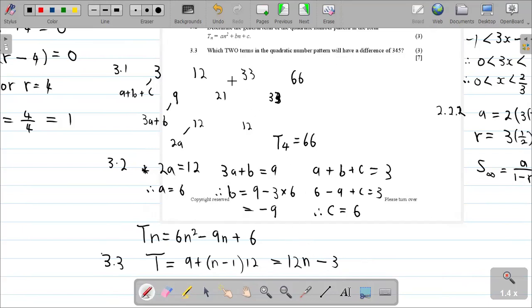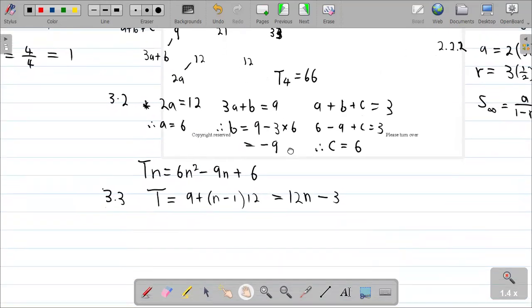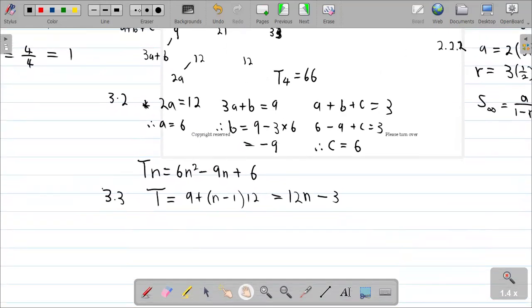So if I say which two terms have a difference of 345, then we're going to say therefore 345 equals to 12n minus 3.